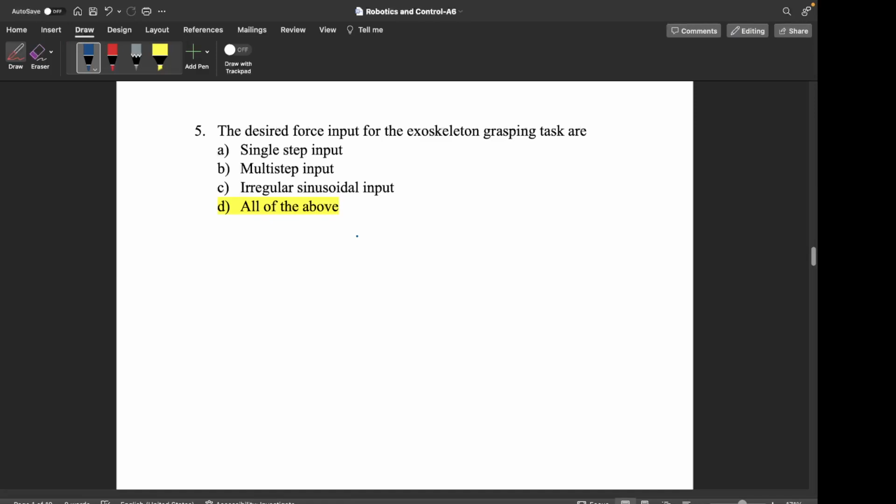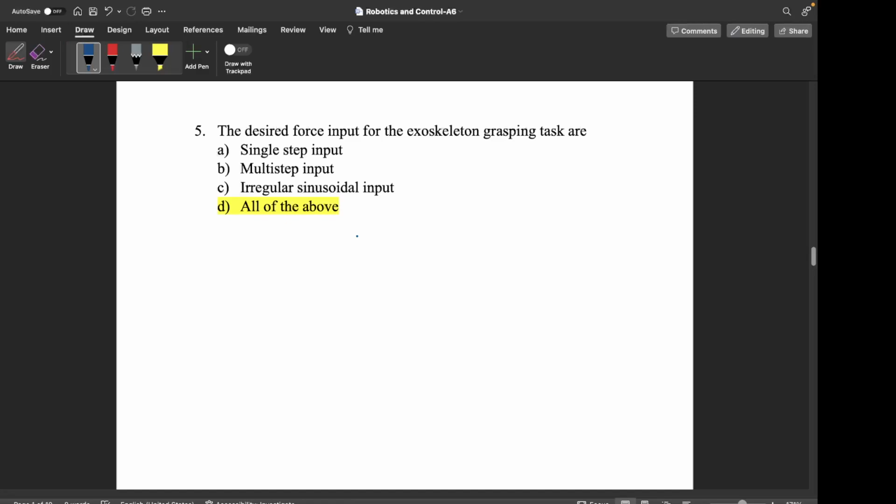And to hold things, it needs to apply the force that is required to hold that object, otherwise it would not be able to hold. And let's say you are holding a fragile object, a glass. If you apply a lot of force while holding that, it would break. And if you are holding a heavy object and you are not able to apply the required amount of force, then it would fall out of the hand of the exoskeleton.